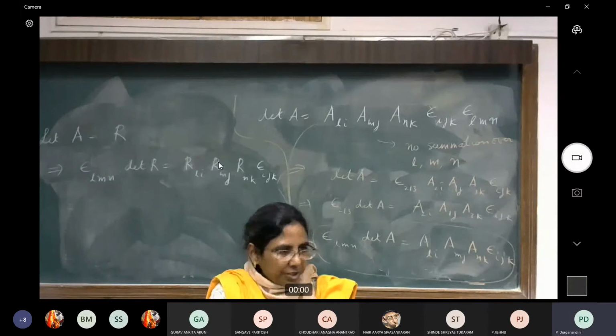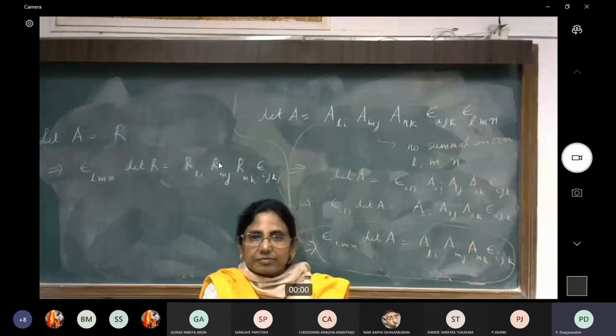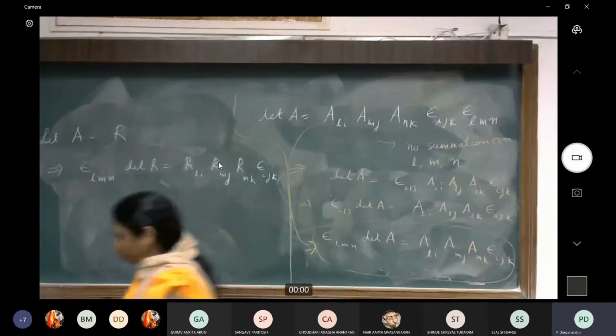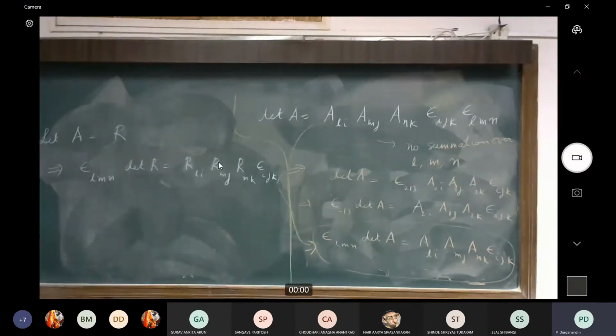In our case, what is the determinant of the rotation matrix? Plus minus 1. But we have restricted ourselves now to the case only when the determinant of R is plus 1. So I am considering only that case now.